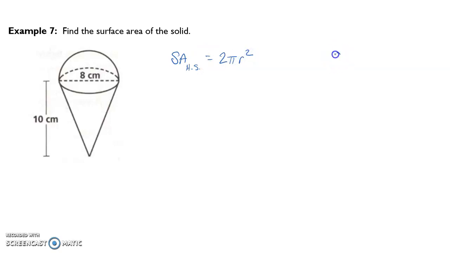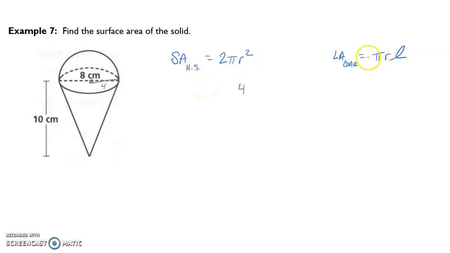And when I'm calculating the surface area for the cone, I technically only want the lateral area for that cone, which we've already talked about. Lateral area for a cone or a pyramid is pi times the radius times the slant height. In a problem like this, radius is 4. That's all I need in the surface area of the hemisphere.